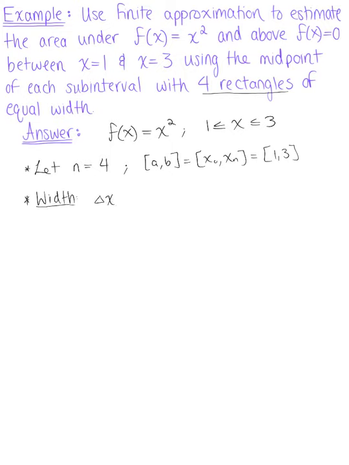The width is the length of the interval, x sub n minus x naught, all divided by the number of rectangles. So we have 3 minus 1 all over 4, which leaves us with 2/4, which simplifies to 1/2. Therefore, the width of each subinterval is going to be 1/2 unit long.